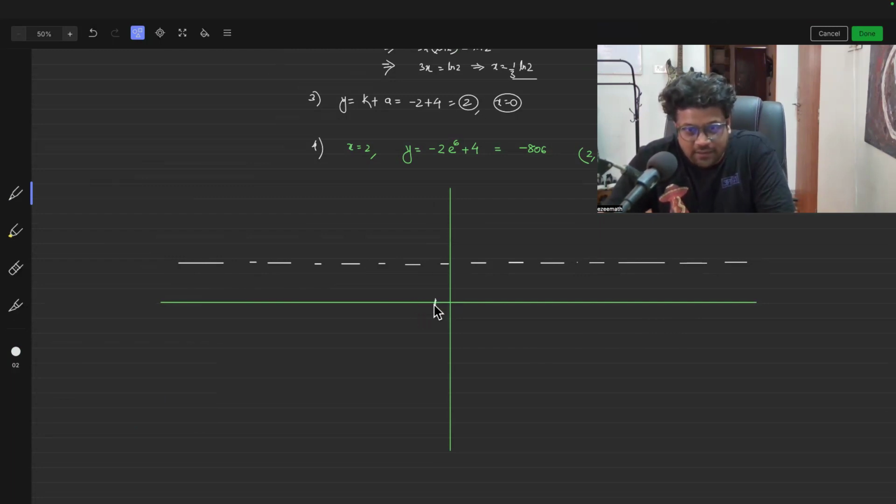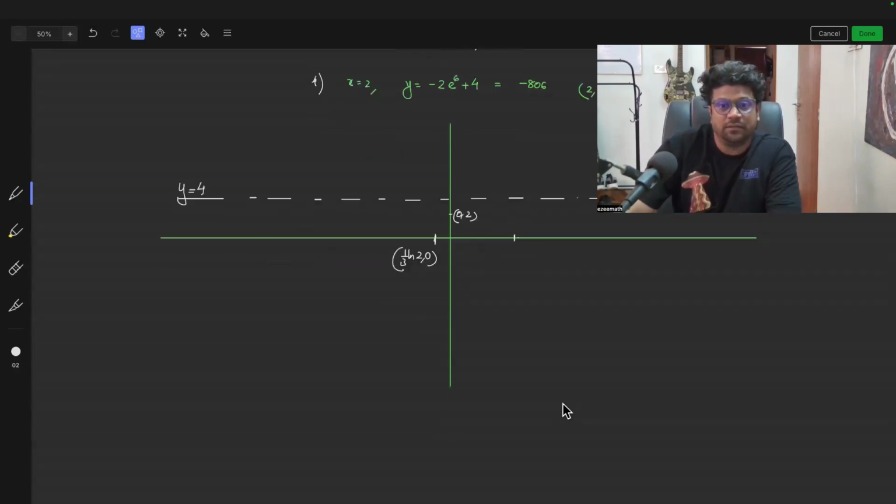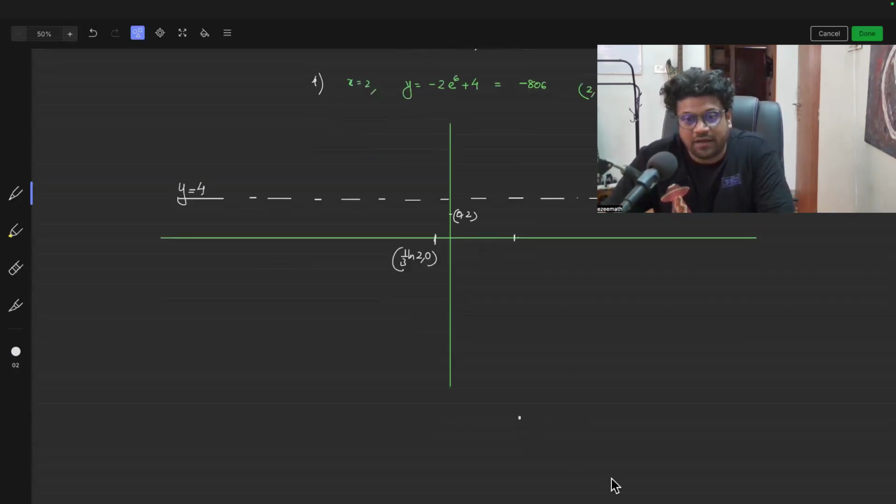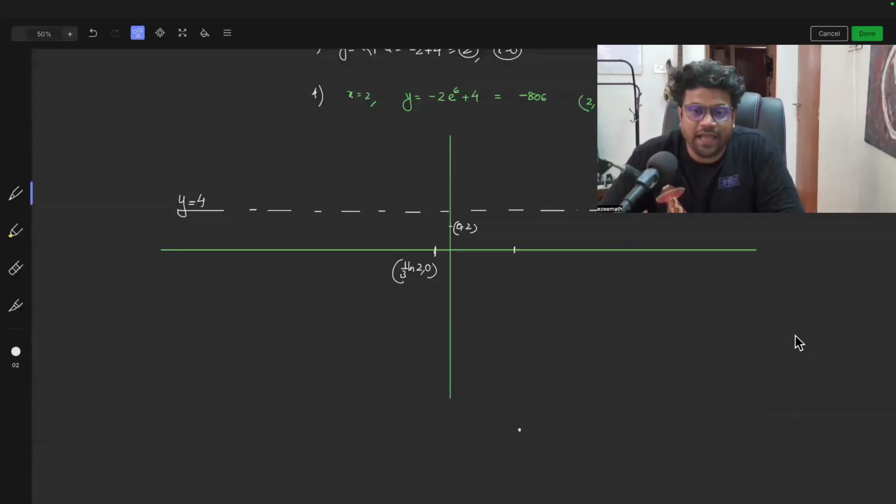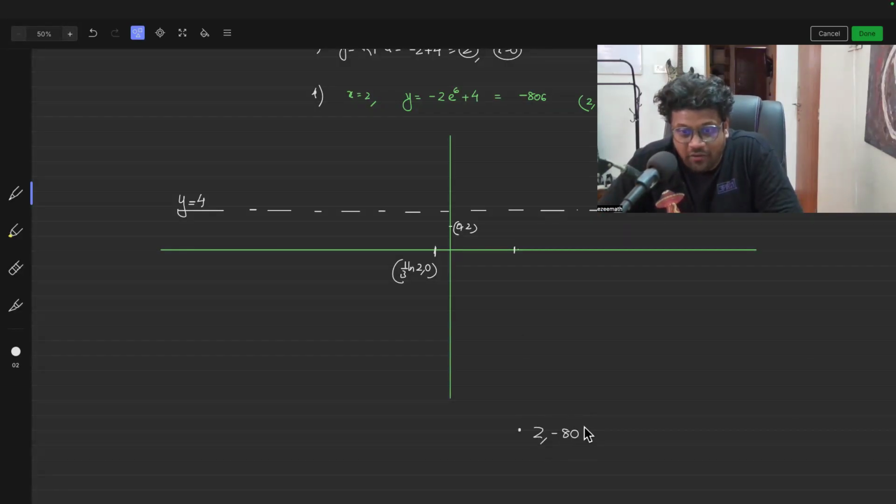Let's say (1/3 ln 2, 0). And the y-intercept was 2. So this is the y equal to 4 line, so (0, 2) is going to be observed somewhere there. And I also know that at x equal to 2, y happens to be a very large negative number, somewhere there. So there, (2, negative 806), somewhere around that. This is an approximate value, by the way.